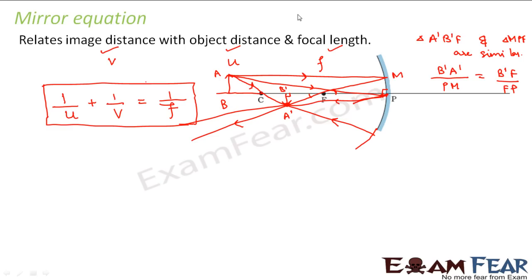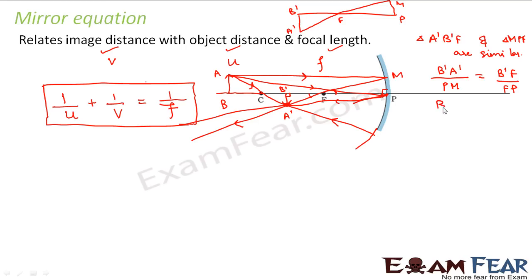You can draw these two triangles separately. It is somewhat like this. This is B dash, this is A dash, this is F, this is M, and this is P. So B dash A dash by MP is equal to B dash F divided by FP, by the property of similar triangles, right?